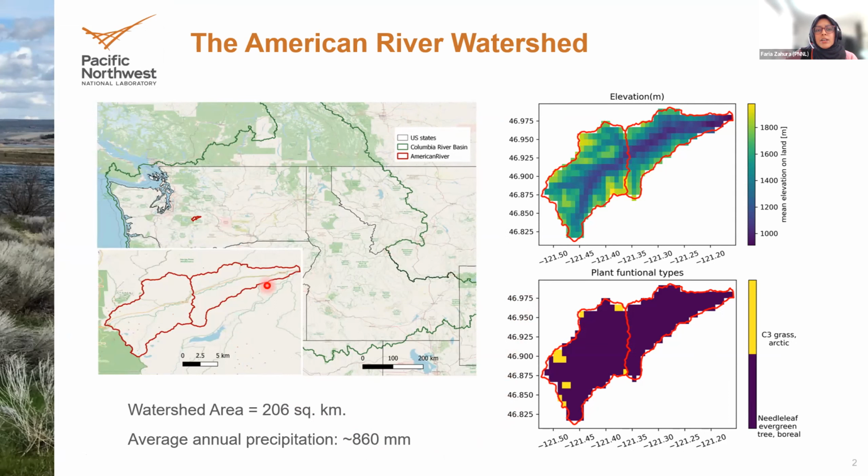The elevation ranges between 900 to 2,000 meters inside this watershed, as you can see in this plot, and the vegetation type covering the watershed is mostly native evergreen tree, and there are some pixels that are C3 arctic grass.